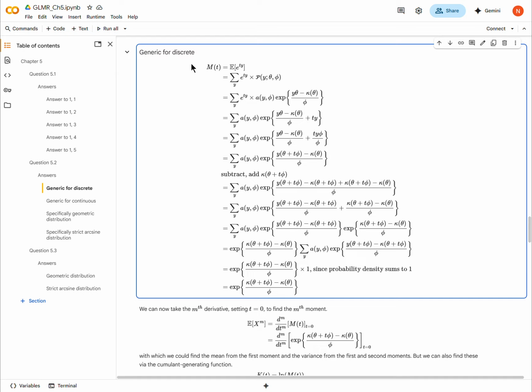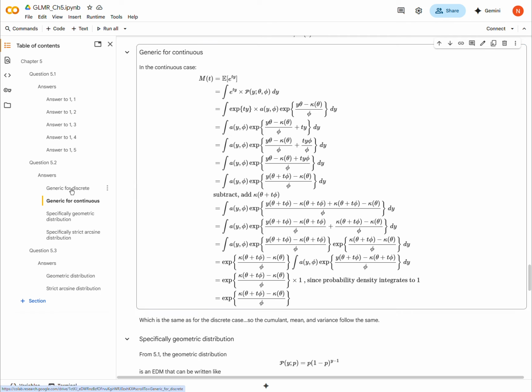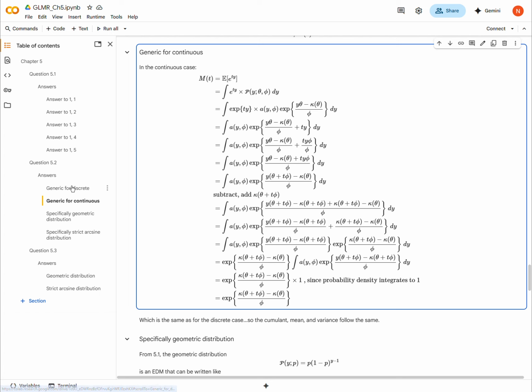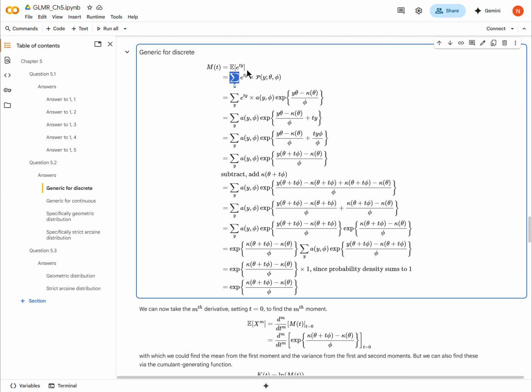Okay, but for the generic discrete distribution, it turns out that I find the mean and the variance for discrete and continuous EDMs. It turns out that they come out to be the same, but the math is just a little bit different, because in one I'm using summations, and for continuous ones you're using integrals, but that's okay.